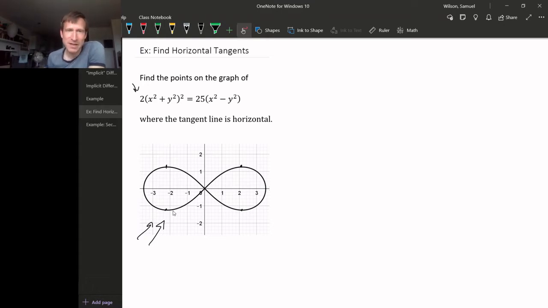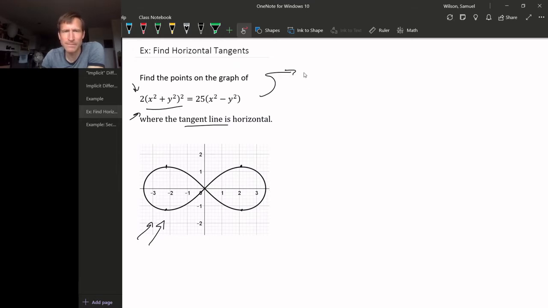But anyway, to find places where the tangent line is horizontal, well, we'd better find the slope of a tangent line. So we need to find y prime. And to find y prime, of course, we have to use implicit differentiation because there's no way we're going to be able to solve this for y. So let's take a derivative with respect to x. In this first piece, maybe it's going to be easier if we multiply out this left-hand side first.